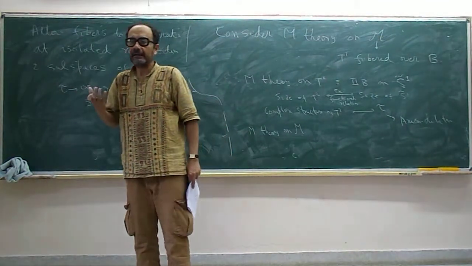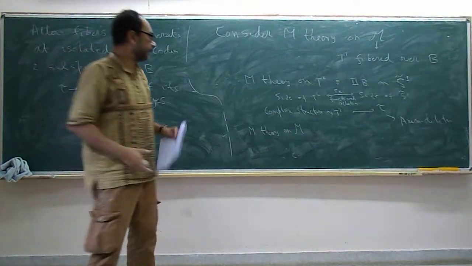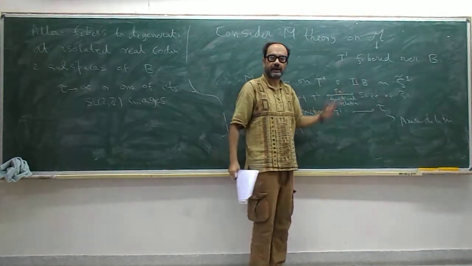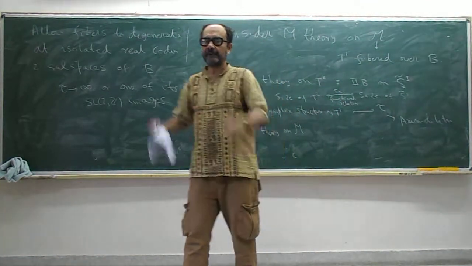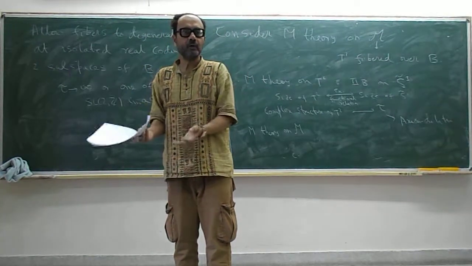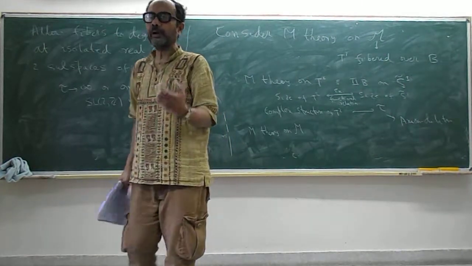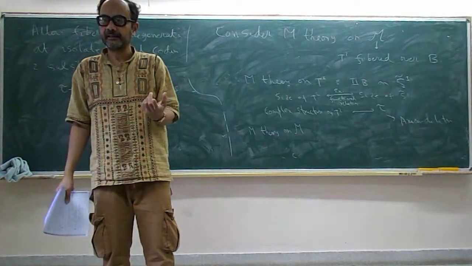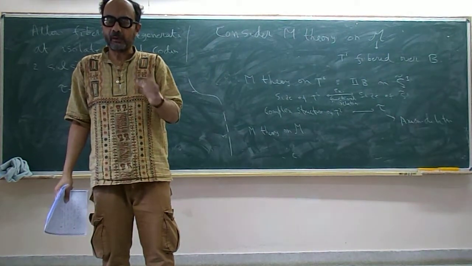Then at any local region on the base, you apply this duality, replacing M theory purely on T2 by 2B on S1 tilde. So now you have a picture with a large base, and instead of an M theory compactification, you have a 2B compactification, and the fiber is not T2 but S1 tilde. Is this clear? And what is varying?